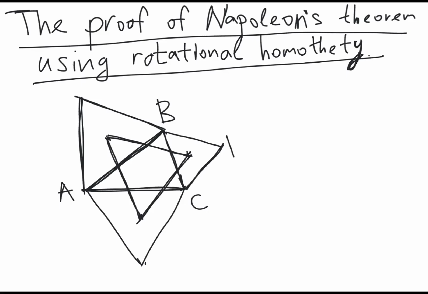This is PQR, and denote the centers by X, Y, and Z. Yeah, so the proof in the previous video was we proved that the angles of this triangle are 60 degrees, and from that it follows that it's equilateral. So here we are going to prove that the sides are equal, not just that the angles are equal.